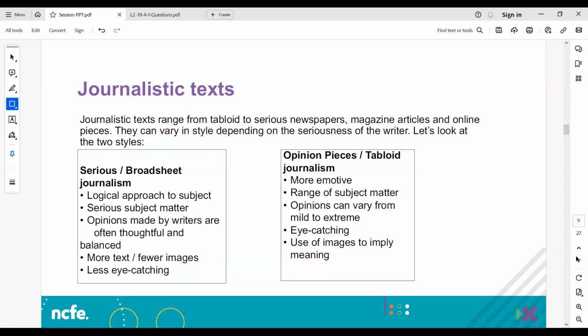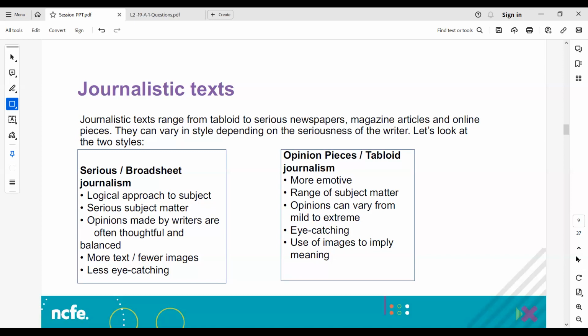But if we look at the opposite, or the other side of that, tabloid journalism, it's more emotive. It wants to draw people in to be either outraged at something that's happened, or to share the joy of, for example, a celebrity getting married, or a member of the royal family having a baby.